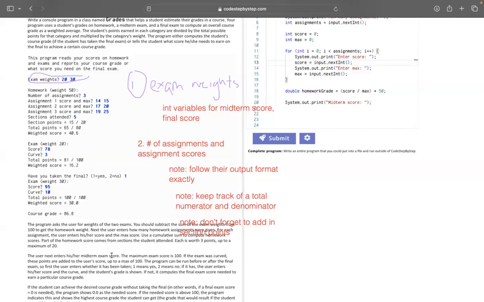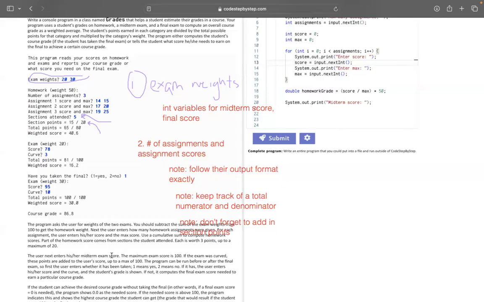So you can see right here, they ask for number of sections, and because it's five times 3 points per section, that's 15, and the max for section points is 20, so it's 15 out of 20.